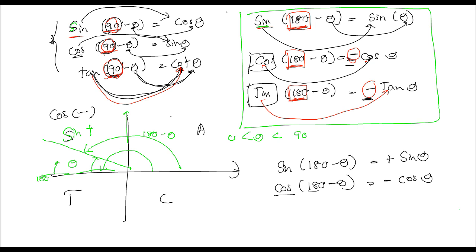And when you have tan 180 minus theta, you still have to put negative, because tan is negative in this quadrant. That's why you put negative, and then tan theta. So I hope that clears up why we have negatives. You can logically remember why these two ratios get negatives in the second quadrant.